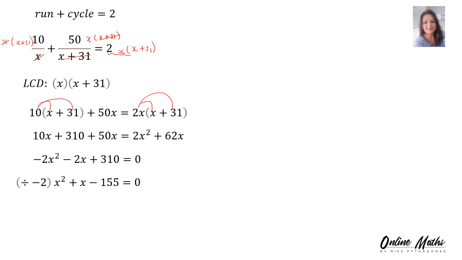And I divide right through by negative 2. And I end with x squared plus x minus 155. Now I want to factorize. And then, remember I said in the previous sum, if you can't factorize, you are welcome to use the quadratic formula.